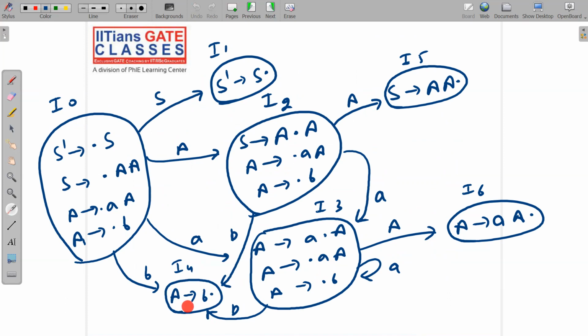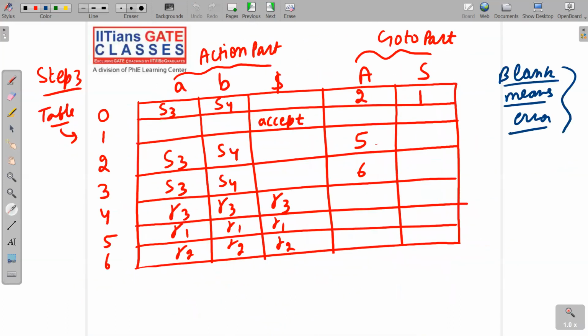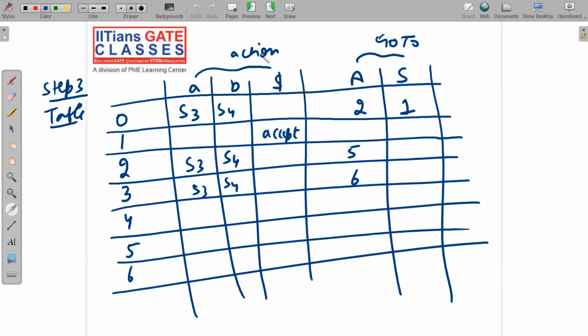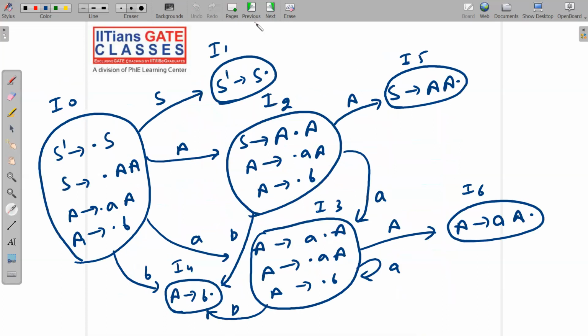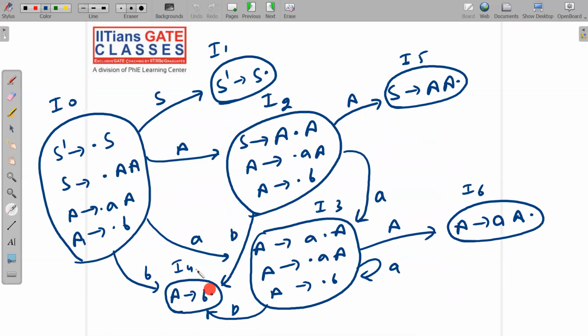State 4 is a final item. In LR0, we copy pasted the reduce move in the entire action part. Here we will not put the reduce move in the entire action part, but we will say follow of LHS. State number 4 is A goes to B dot.